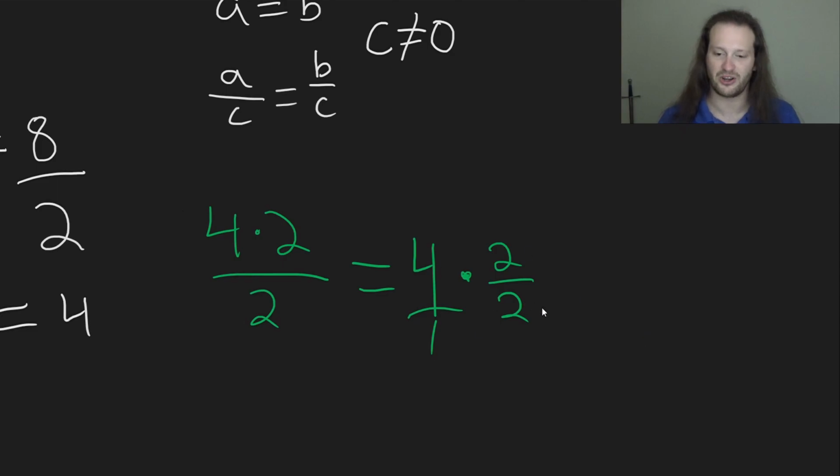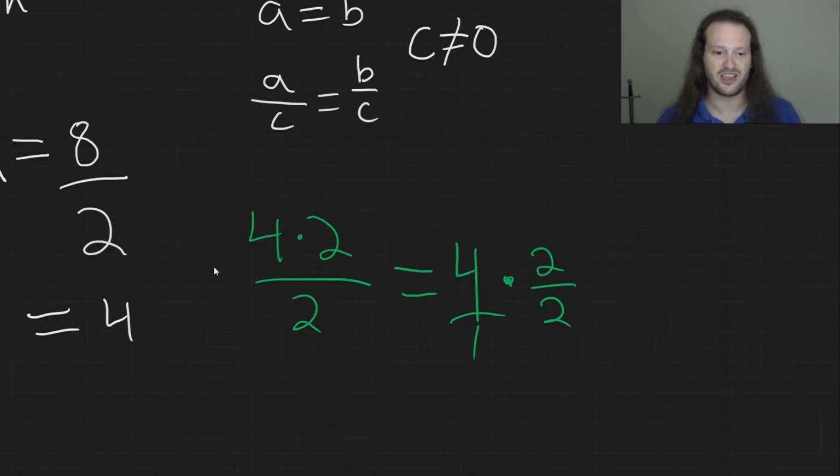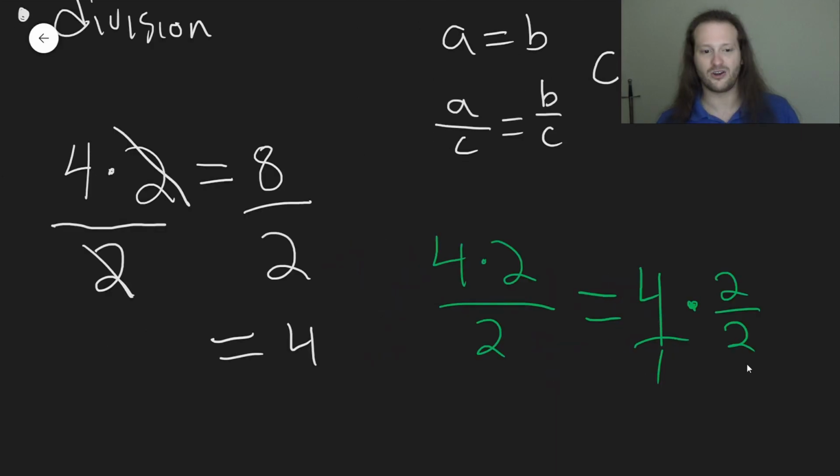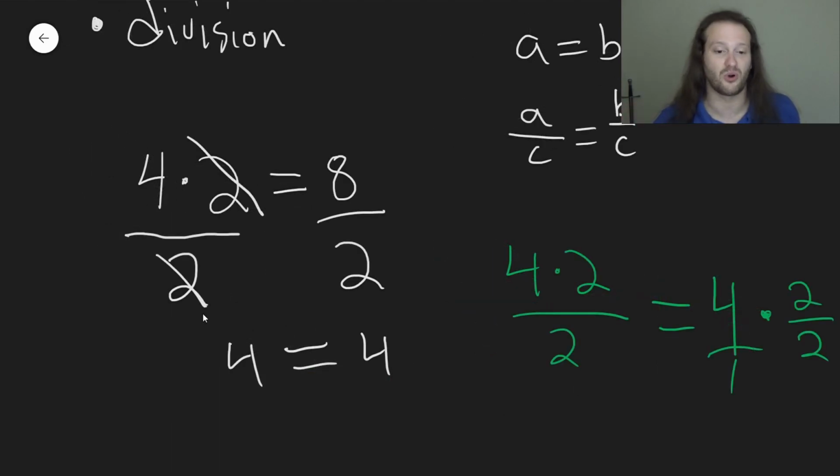But this originally was 2 divided by 2, which we know is 1. So that's all I'm doing here: I know that 2 divided by 2 is 1, and I know that I can turn this into this. So in the end, it's just 4. Again, you've probably done this before when you were learning all about fractions and least common multiples and all those other fraction good stuff. And then clearly 4 equals 4.